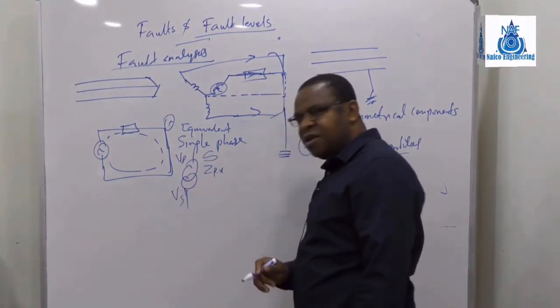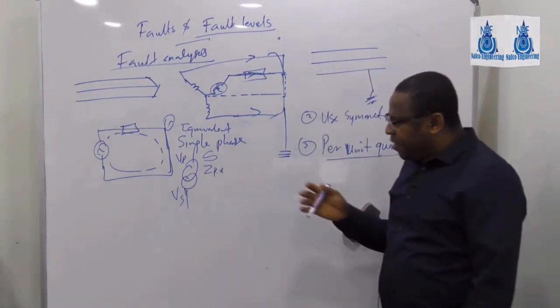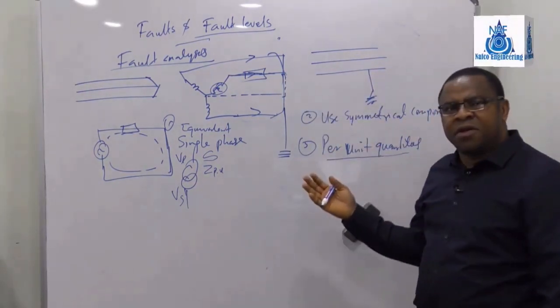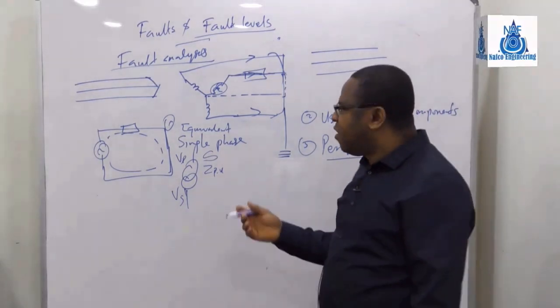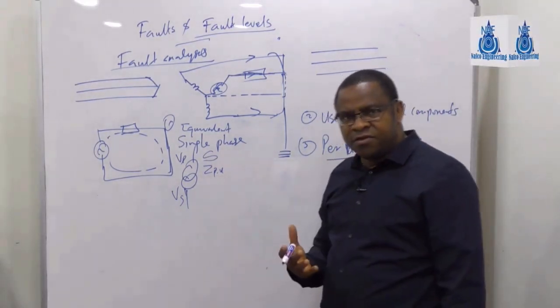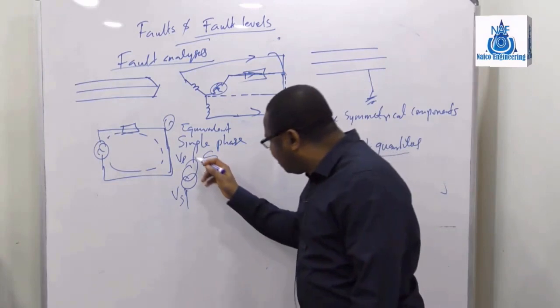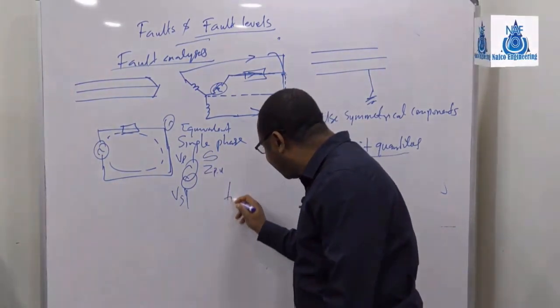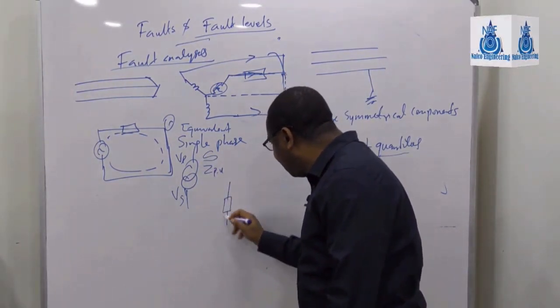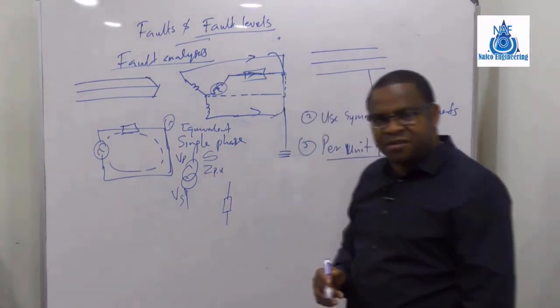Now, when I said we can use per unit quantities to solve symmetrical faults, you see this transformer, I can easily represent it just with its own equivalent impedance.